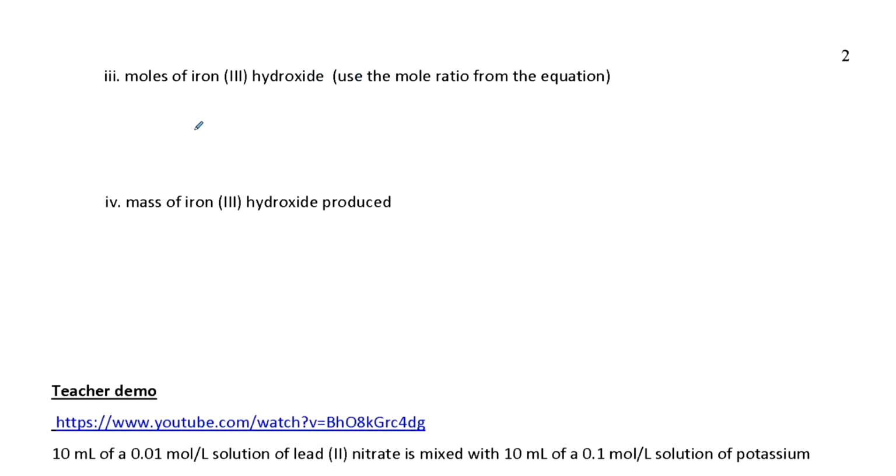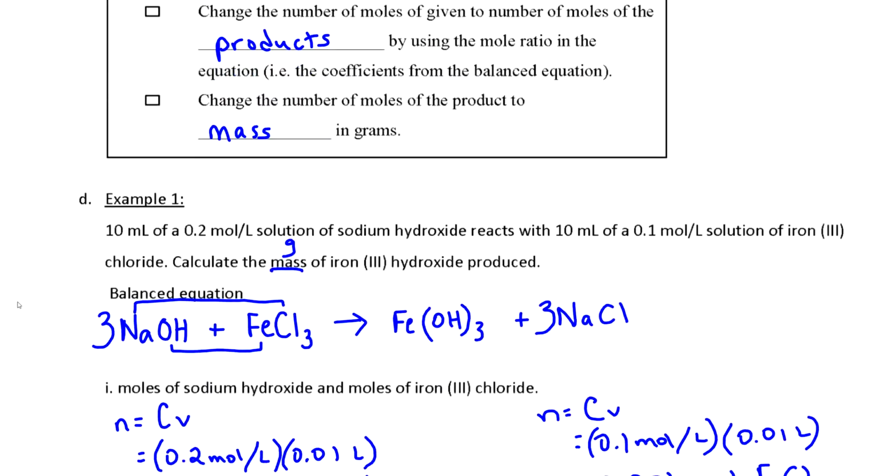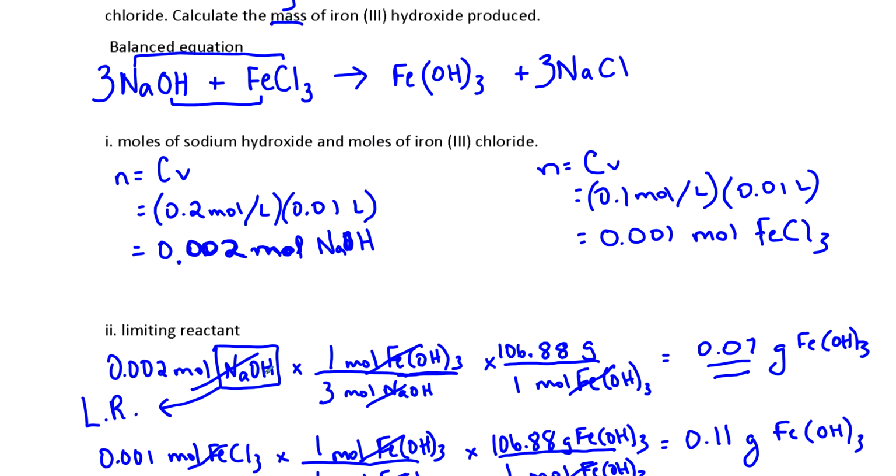Okay, so this, I just included this all in the previous step. So let's just say done in previous step. That's kind of messy. And what is the mass of iron 3 hydroxide produced? Well, we calculated that in step 2. So you always choose the amount produced by the limiting reactant. So it's the lower amount, which is the amount produced by the limiting reactant.